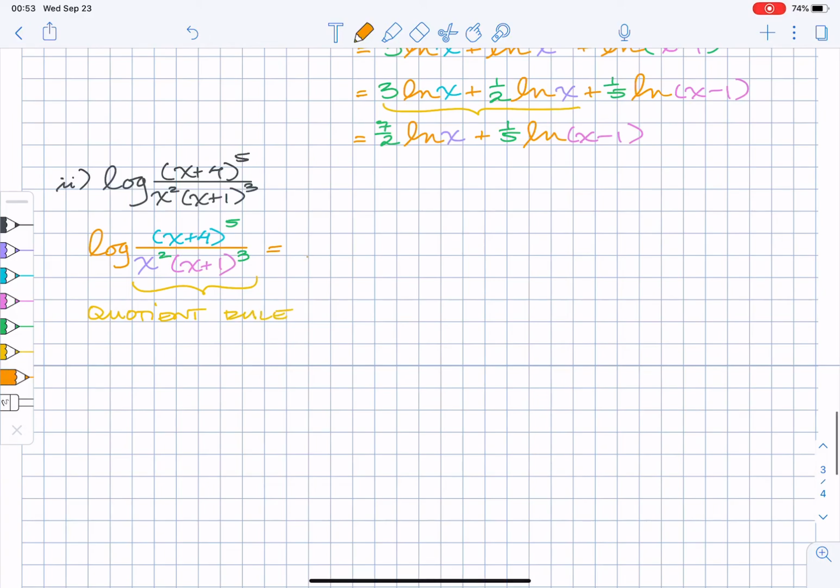So I will have log of the numerator, namely quantity x plus 4 to the 5th power, from which I'm subtracting log of the denominator, which is the product x squared times the quantity x plus 1 cubed.